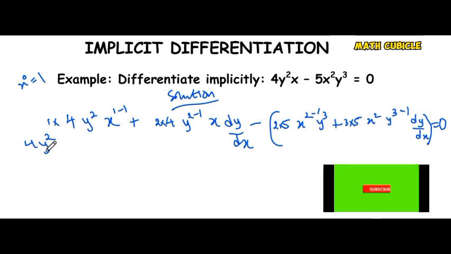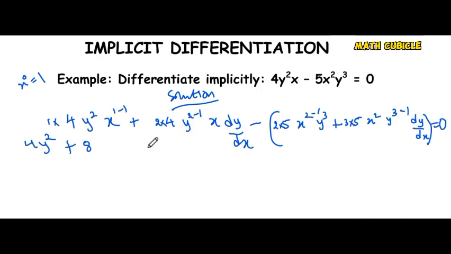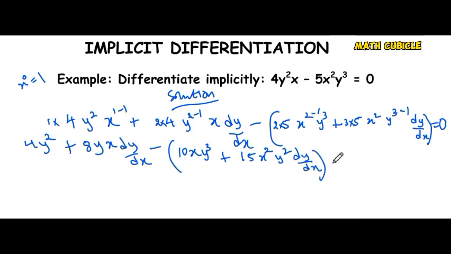So 1 times this expression is still this expression, so plus 2 times 4 is 8, 2 minus 1 is 1, so y raised to power 1 is y, then x, then write dy dx here, minus, let's open our bracket here, 2 times 5 is 10, 2 minus 1 is 1, that's 10x, because x raised to power 1 is x, then y cube, plus 3 times 5 is 15, x squared, 3 minus 1 is 2, that's y squared, dy dx is equal to 0.